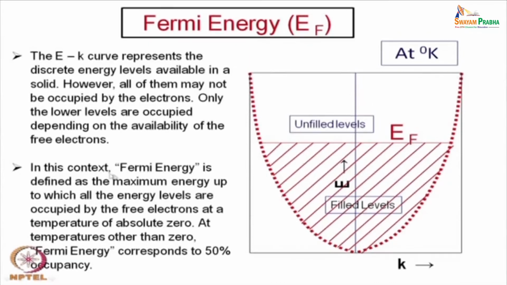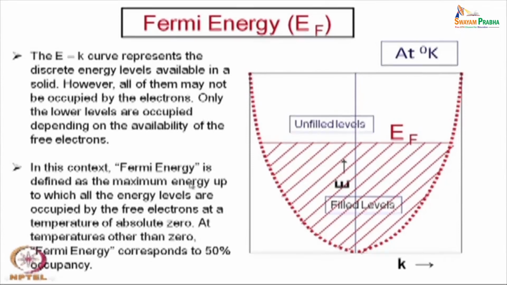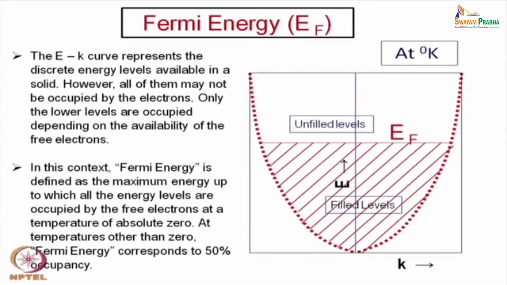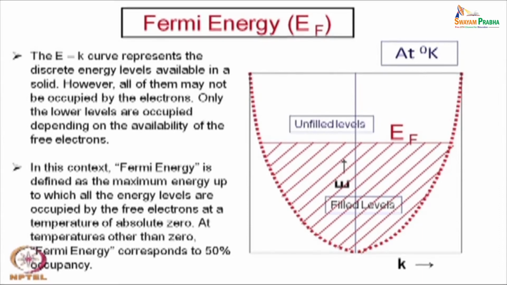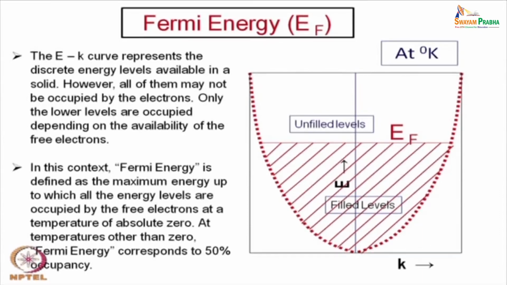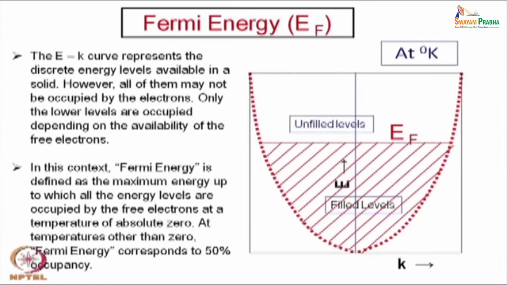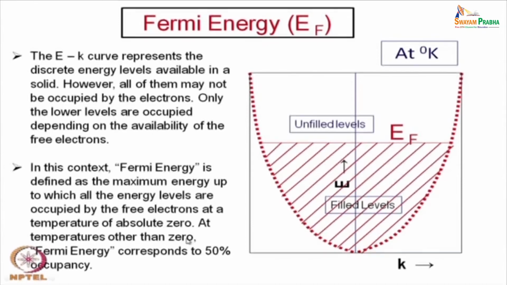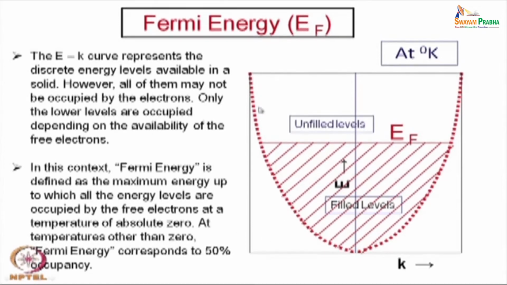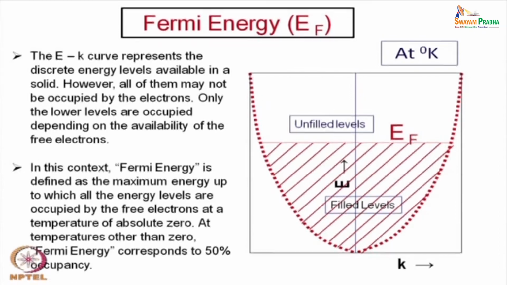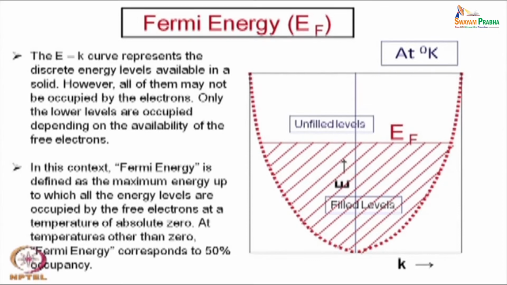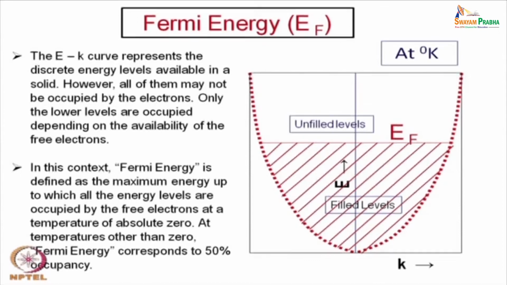So, in this context, Fermi energy is defined as the maximum energy up to which all the energy levels are occupied by the free electrons at a temperature of absolute 0. These energy levels will be there, but the occupancy will change with temperature, that we will see after some time.